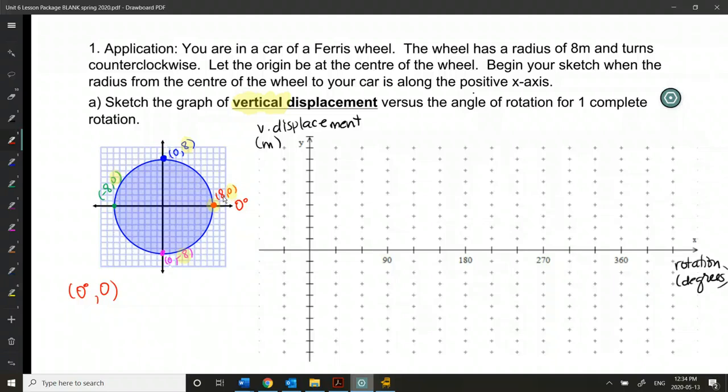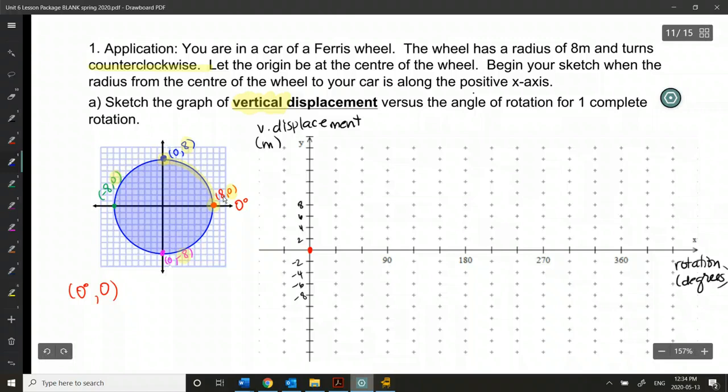So at 0, I'm at a vertical displacement of 0. And we also want to mark off the scale of our y-axis, and I need it to go up to 8 because my radius is 8 here. Okay, so at 0 degrees, I am at a vertical displacement of 0. Now we're rotating counterclockwise as the question tells us, so I'm going to rotate now up to this location right here.